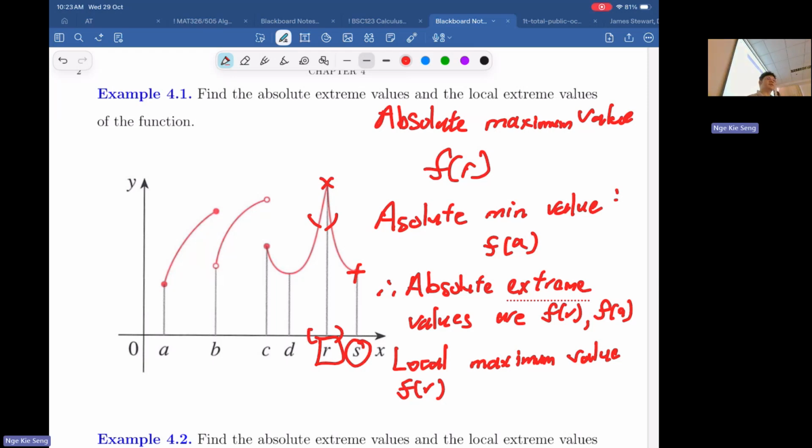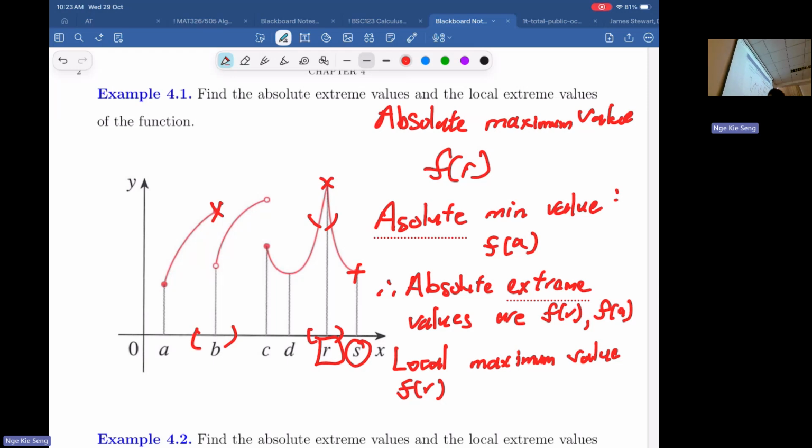Any other? Is that all? Someone said something? f(B)? Okay, let's try f(B). If you look at f(B), can you find a small enough open neighborhood such that all the other values it takes other than at B are less than f(B)?